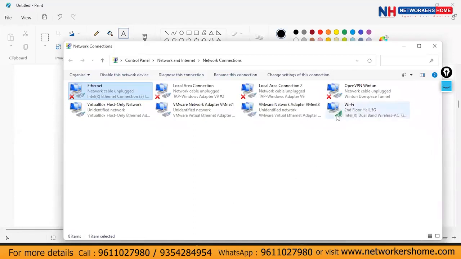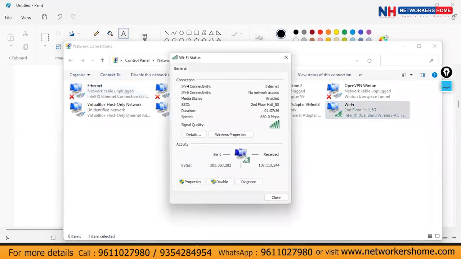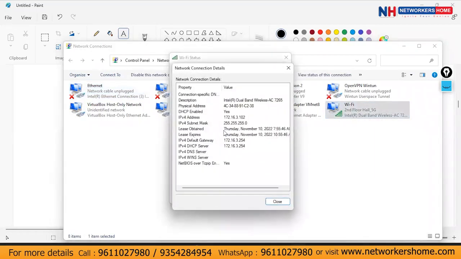Okay. So right now, let's say I'm connected to the Wi-Fi. So for my local network, I'll be using some IP. What IP am I using? See here, 172.16.3.102. Which class? B. So I'm using a class B address, in the range 172.16.3.102.